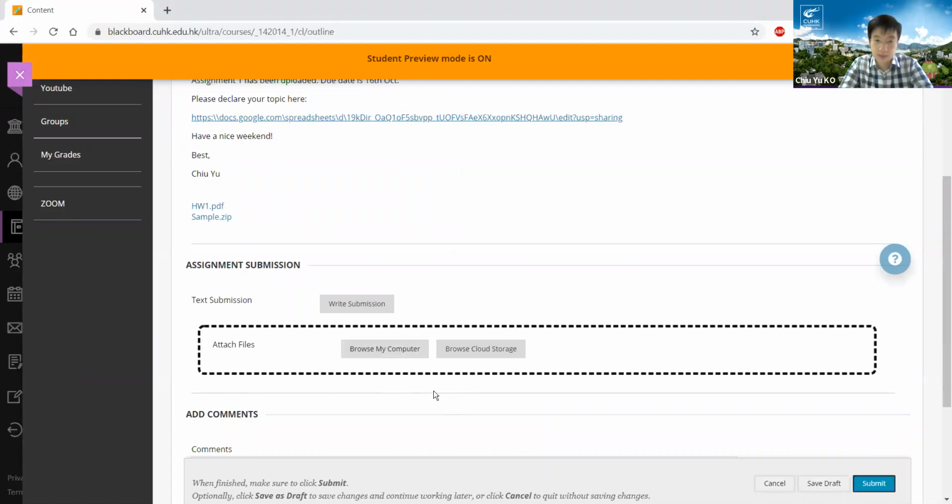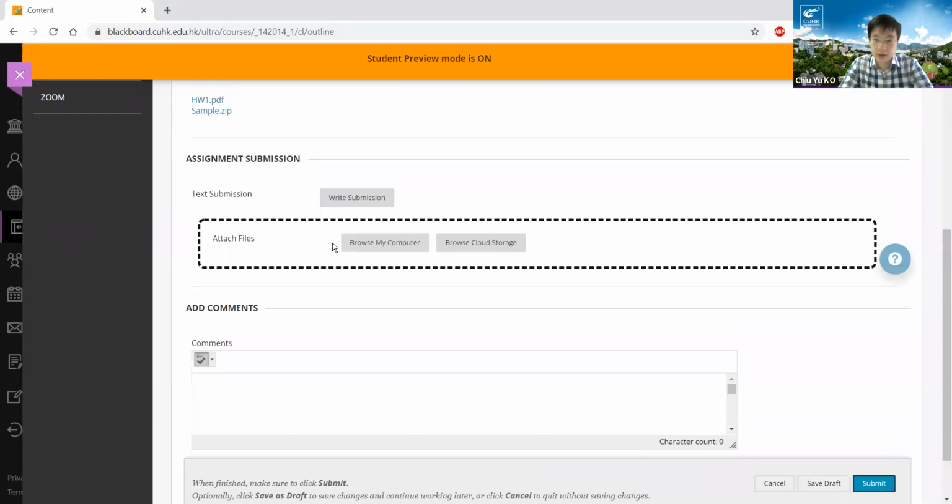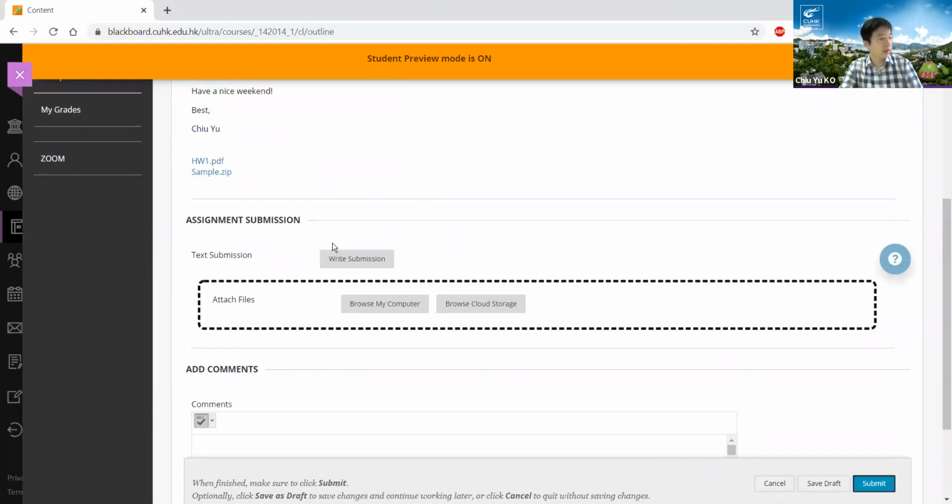Attach file, then you're done. Okay. I think I allow multiple attempts, so if you submit and then you don't like it, you can submit again. Okay. We will grade the last one. We don't look at every submission you do, but we will grade the very last one. Is that okay?